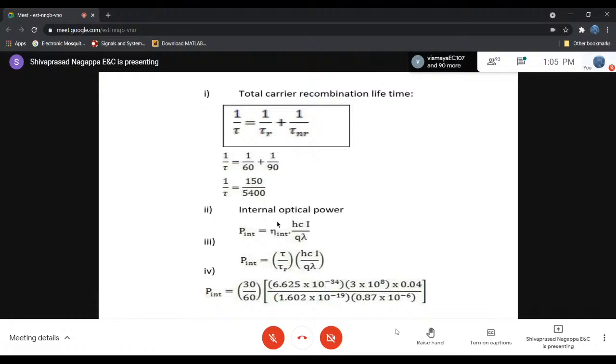It will be in nanoseconds because tau r is in nanoseconds and 90, that is tau nr, is also in nanoseconds. So finally, tau will be in terms of nanoseconds only.